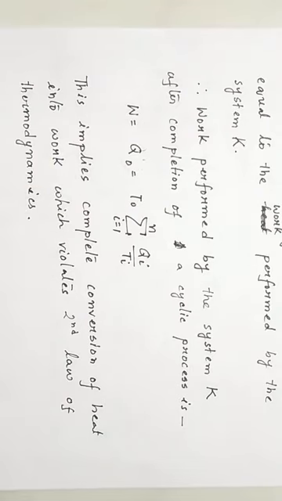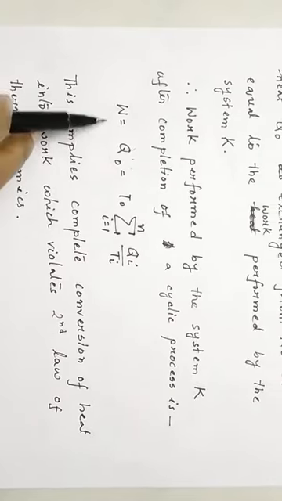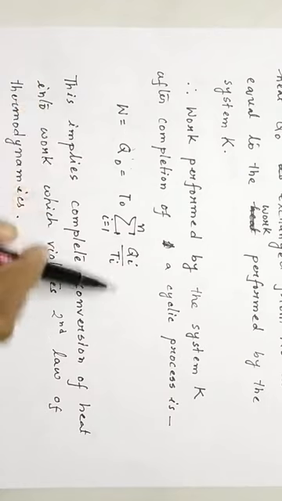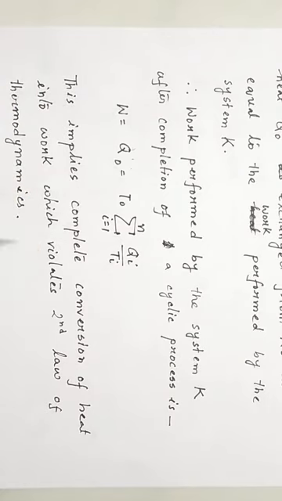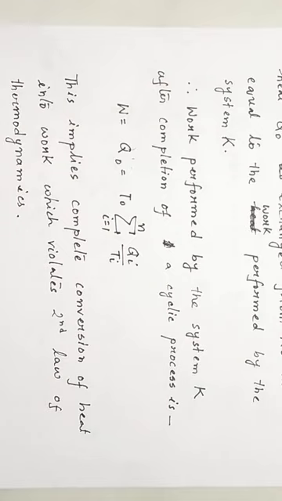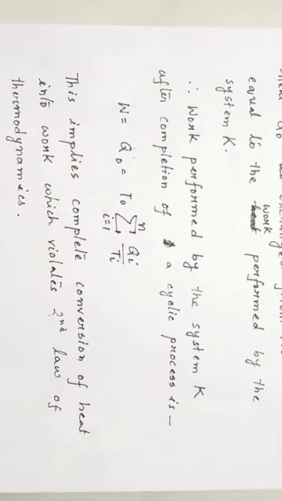So this relation is only possible if it is less than or equal to 0. This quantity cannot be positive. If W is positive, or Q0 is positive, or this term is positive, it will mean that Q0 amount of heat is absorbed and the same amount of heat is completely converted to output work, which violates the second law of thermodynamics.